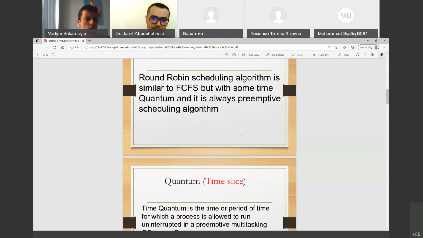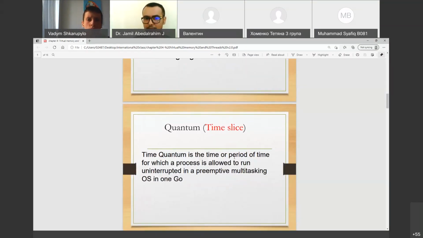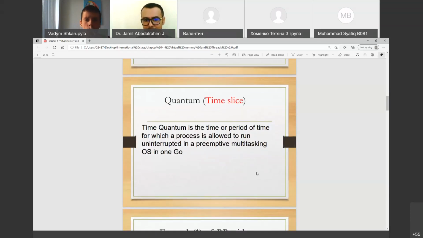Round robin is similar to first come first serve, but with some time quantum, and it's always a preemptive scheduling algorithm. What does time quantum mean? It's a time slice. The time quantum is the period of time for which a process is allowed to run uninterrupted in a preemptive multitasking operating system in one go.